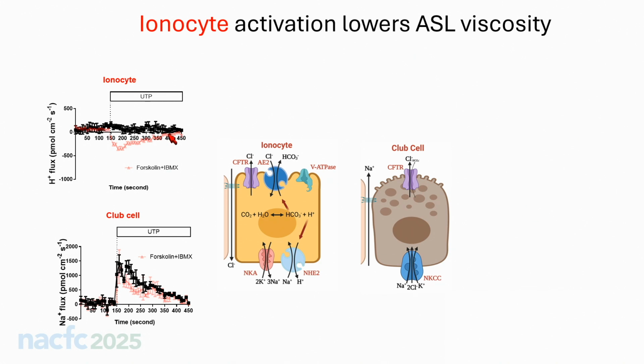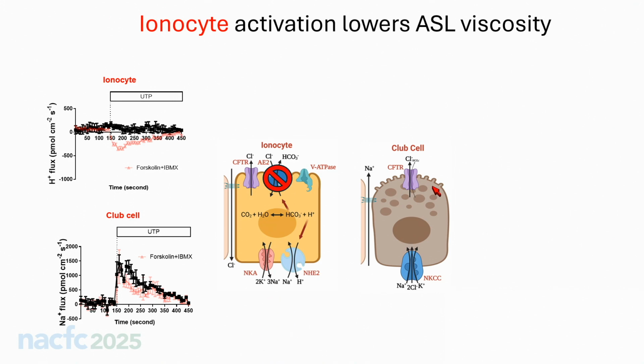So we tested that, and indeed, UTP does not stimulate ionocytes, but it stimulates club cells. So it should be possible to distinguish between a liquid produced by the same epithelia when stimulated with UTP, which only involves club cells, or forskolin and IBMX, in which both produce fluid or produce transport.